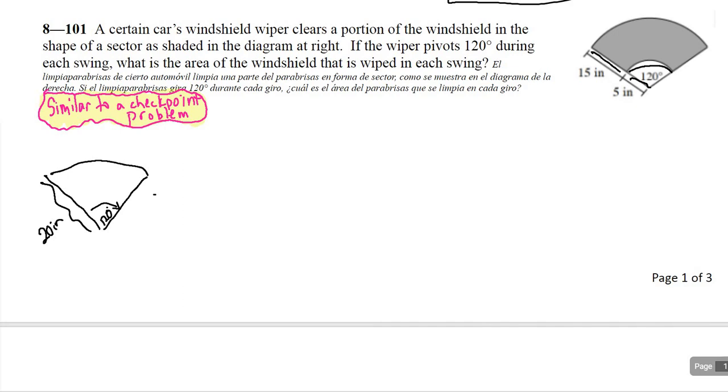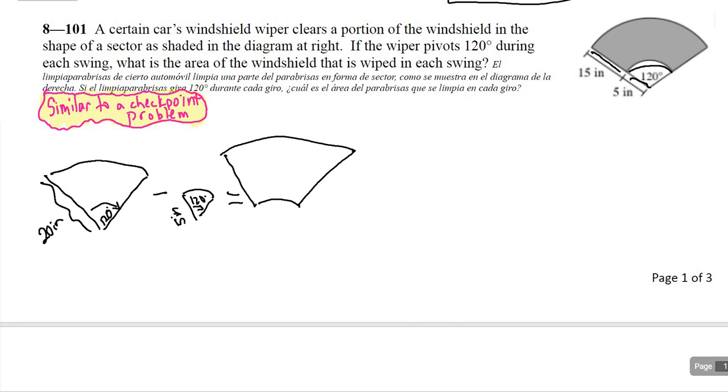Now, in order to know the area of just the part that the windshield touches, I need to take away a little bit of that total. So I need to take away the part of that total which has just the bottom 5 inches, which still has 120 degrees as the central angle. And that will give me just the part I'm interested in.